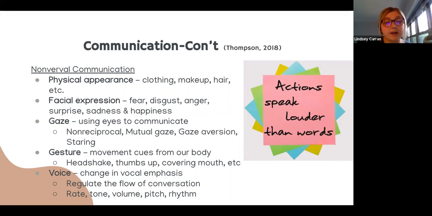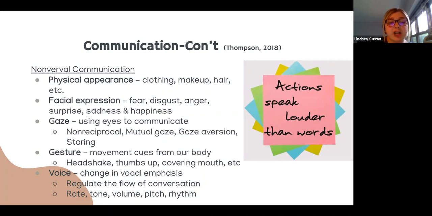Facial expressions are a big one, and the main facial expressions seen on people are usually fear, disgust, anger, surprise, sadness, and happiness. Gaze is really important. Gaze refers to the use of eyes to communicate with individuals. Gaze can be non-reciprocal, a mutual gaze, gaze aversion, or unwanted staring.